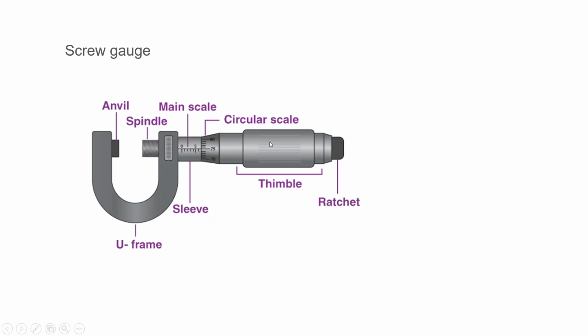So how we calculate the least count of the screw gauge: the least count of the screw gauge is given by the pitch of the screw gauge divided by the total number of divisions on the circular scale, which I'll call CS.